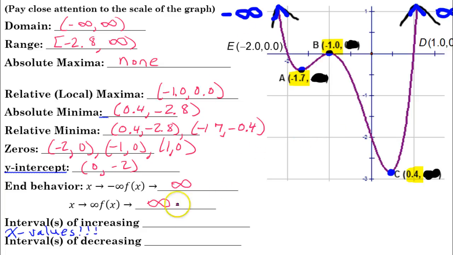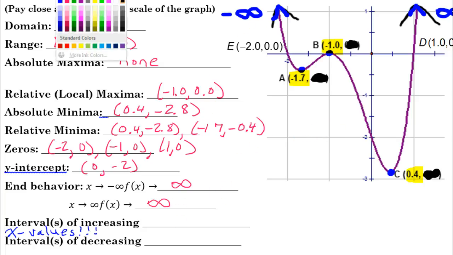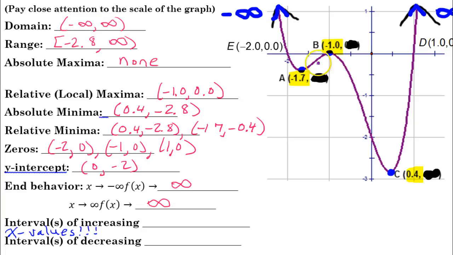Okay, so let's tell our story. If you were roaming this path from left to right, for this part of the path you'd be going downhill, and then for this part of the path you'd be going uphill, and then suddenly you'd be going downhill again, and then next thing you know you'd be going uphill again.